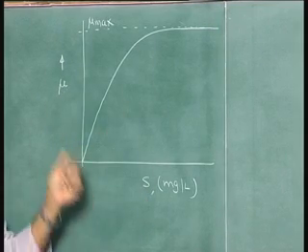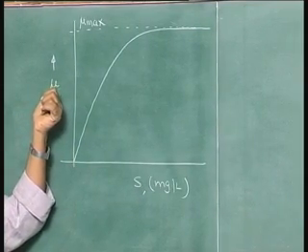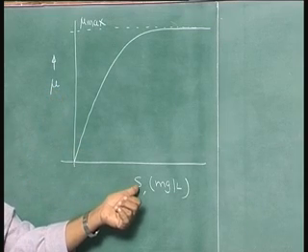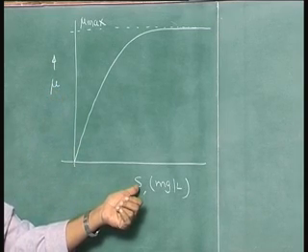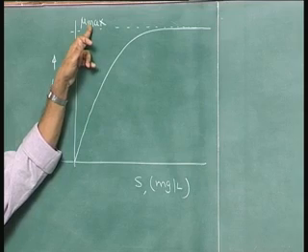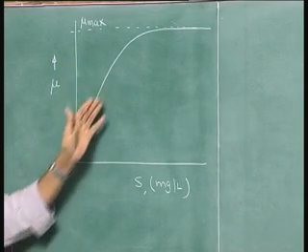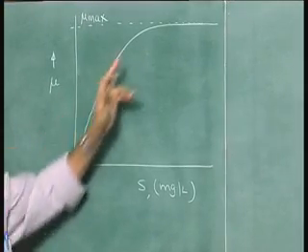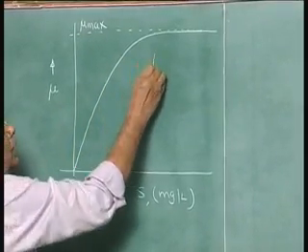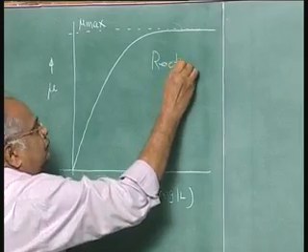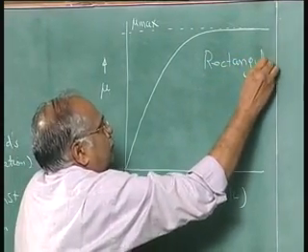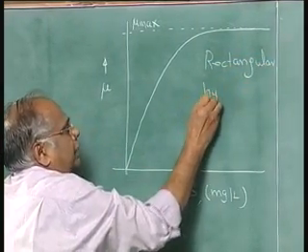Till such time, the specific growth rate is a function of the concentration of the substrate. When it reaches mu max, it is no longer a function of the substrate concentration. This particular curve is nothing but the equation of a rectangular hyperbola.